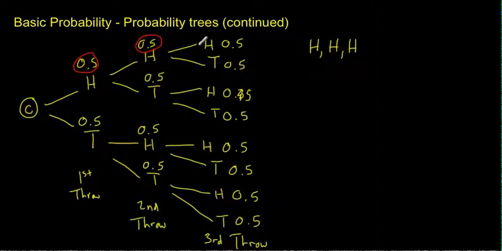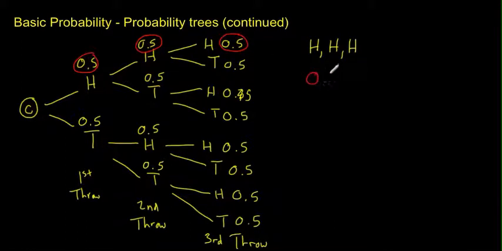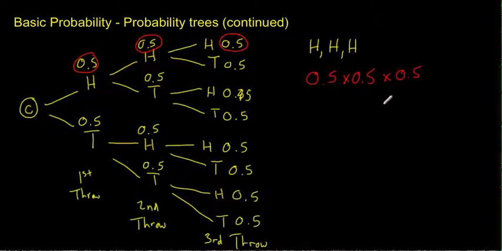Follow the branch, here's the heads for the third throw, and here's the probability. Okay? So now I just come over here and I write 0.5 times 0.5 times 0.5. The result is going to give me my probability of getting 3 heads.